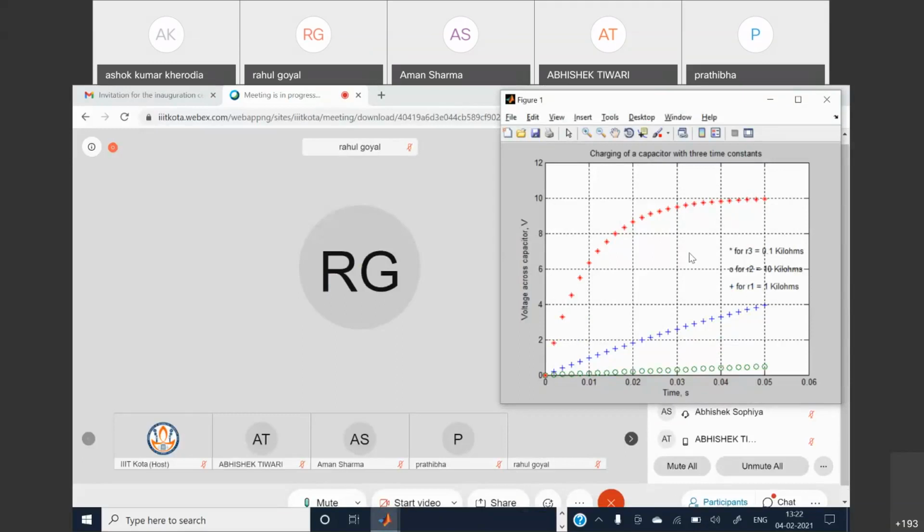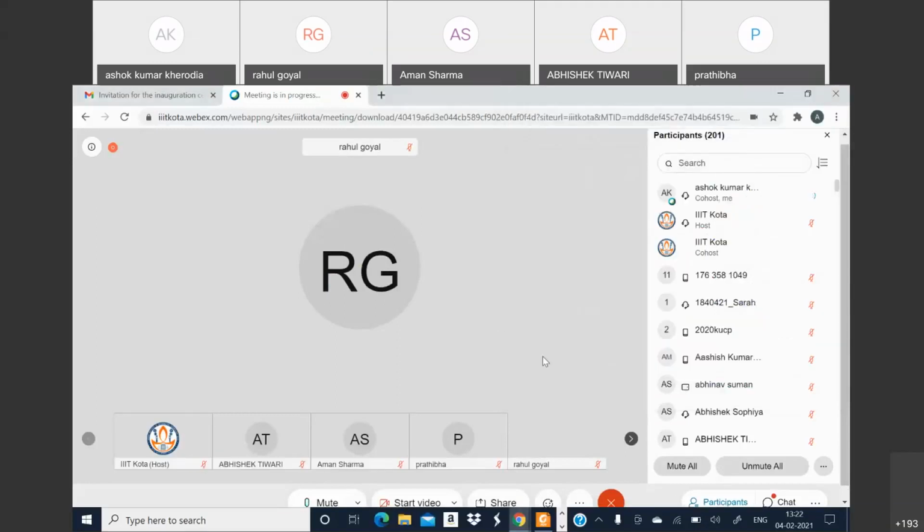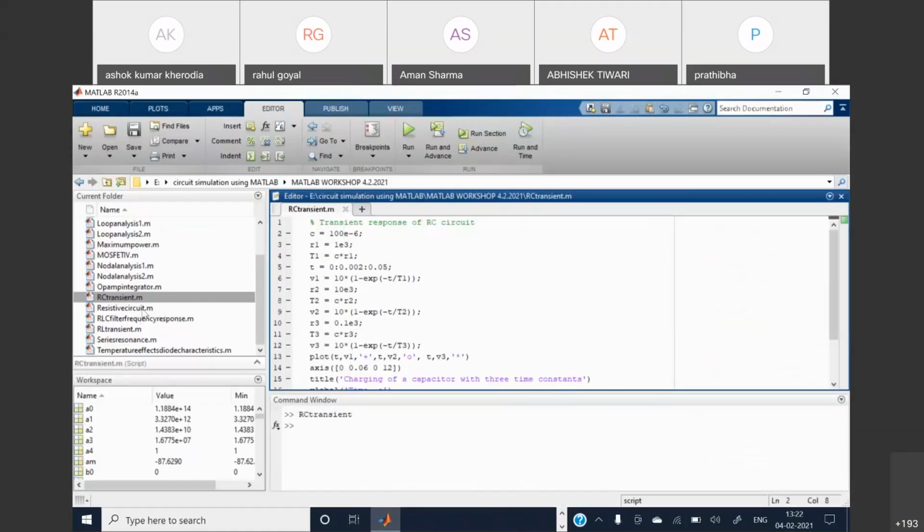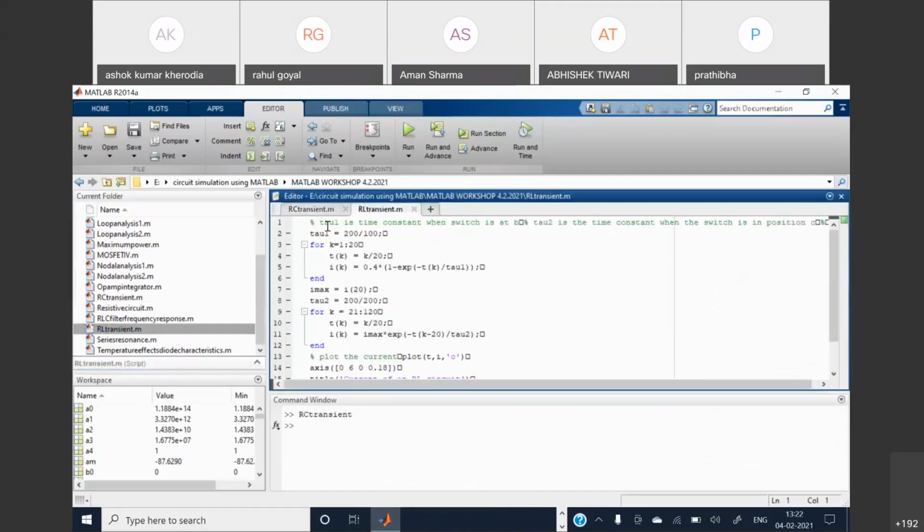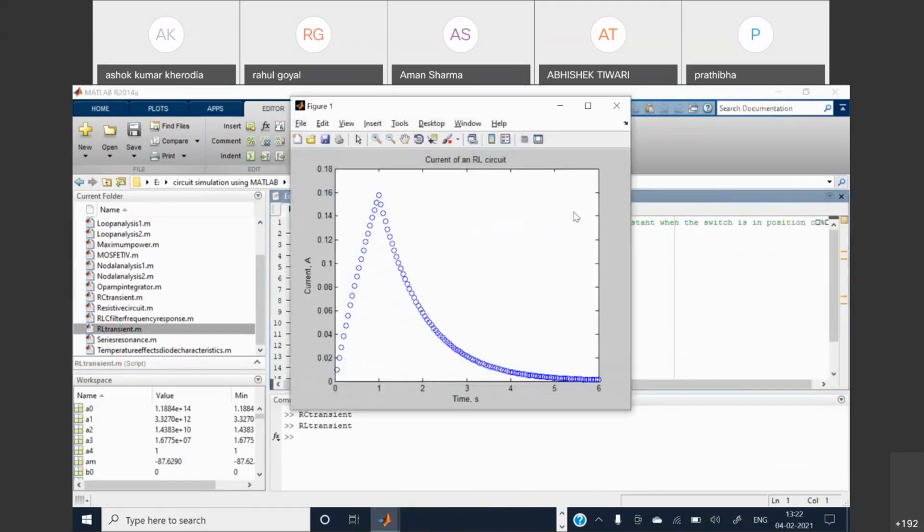So this way you can plot the curve for an RC circuit. Similarly, you can go for RL also. I will not go into detail, but just show you. For an RL circuit, you can plot the same thing.